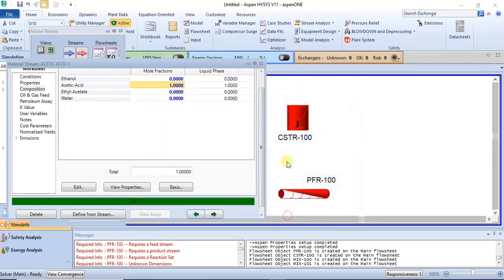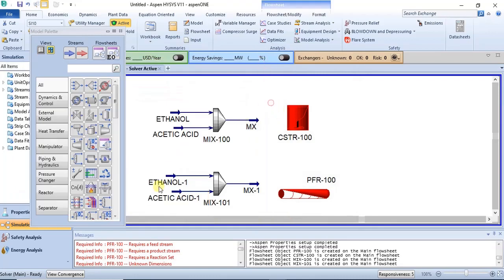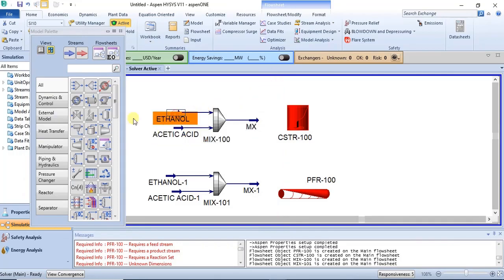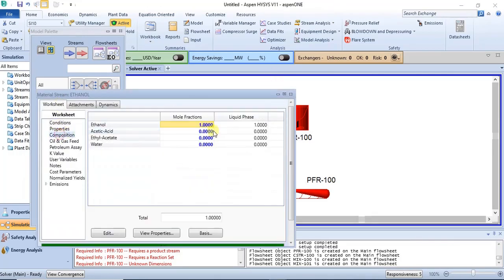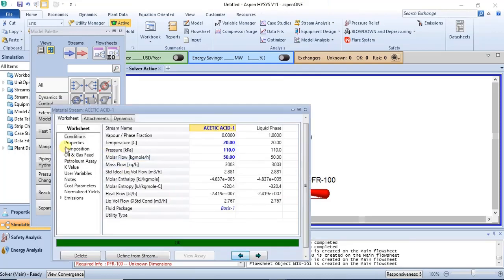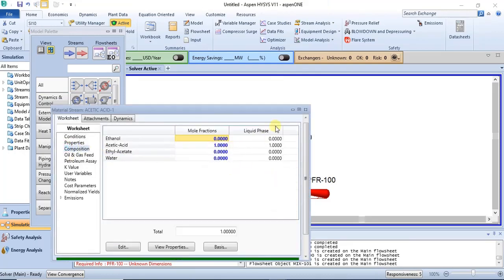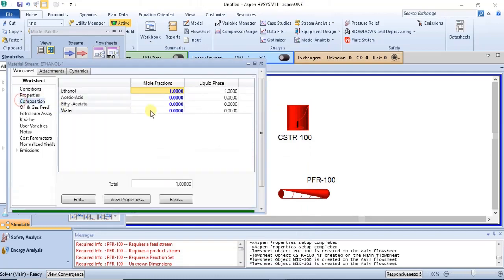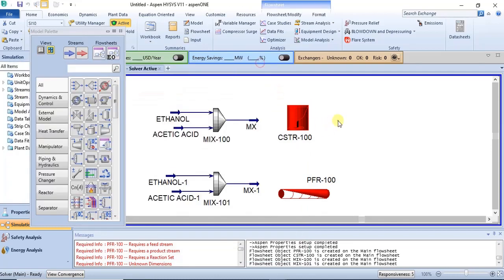So we have this composition: acetic is 1, and ethanol is 1. Okay, so we have finished the first phase of this model.